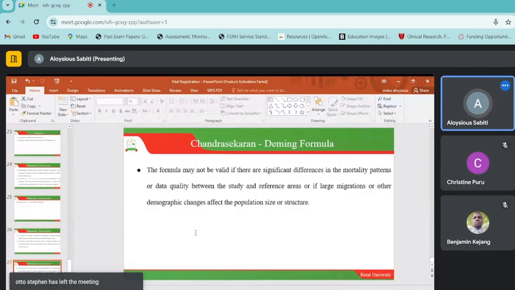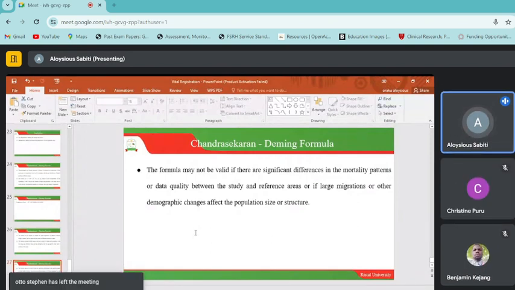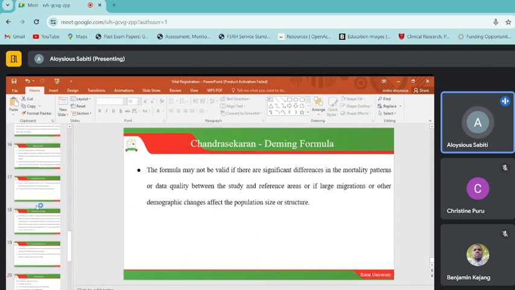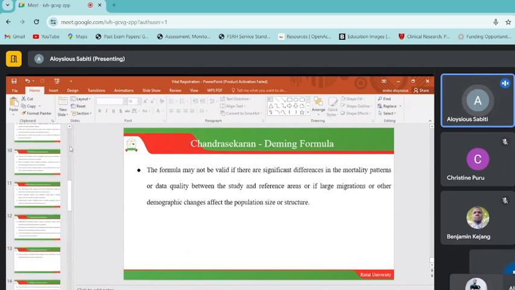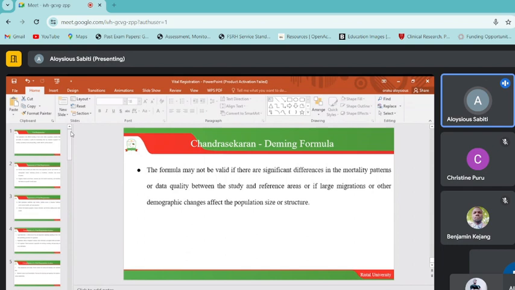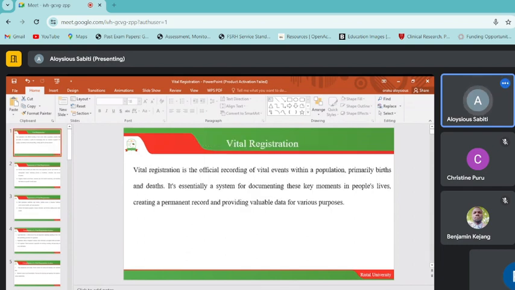And definitely, we very well understand that mortality patterns are not uniform, and that is why we have criticism of the Chandrasekaran and Deming formula as well. So that is actually the concluding slide, and unless we have any other questions on that or on vital statistics, I would like to conclude there.